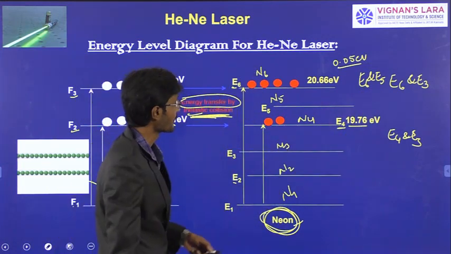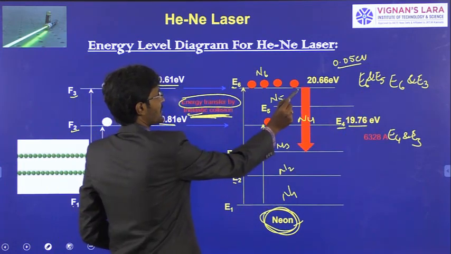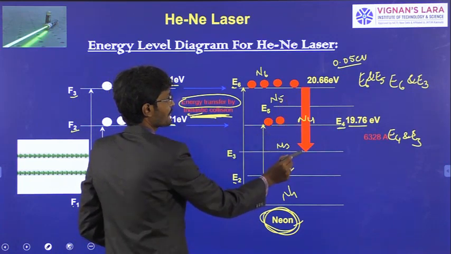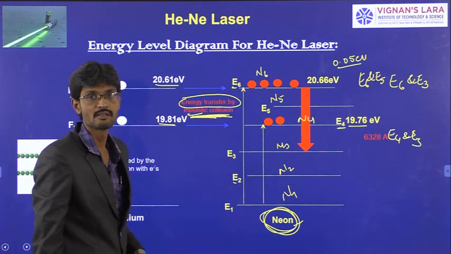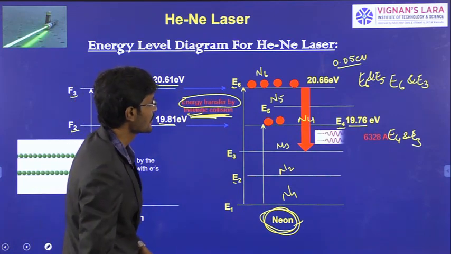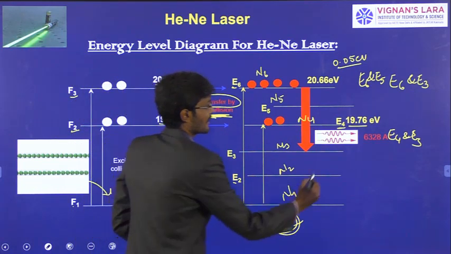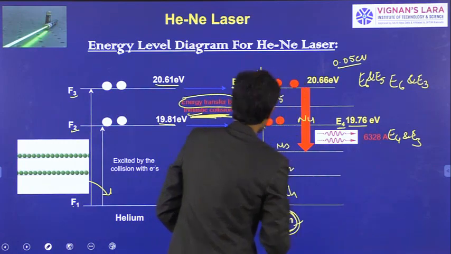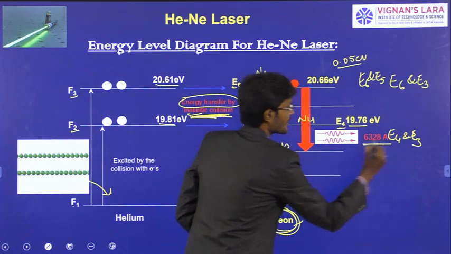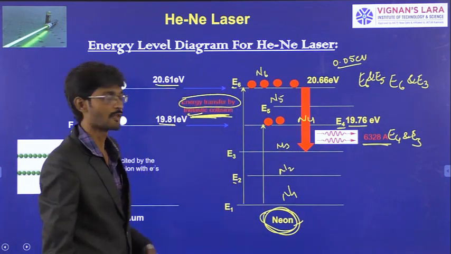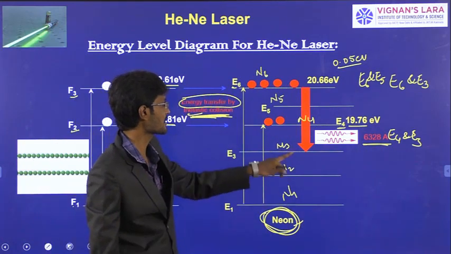If you observe here, the population inversion is achieved between E6 and E3, and it produces stimulated emission, and stimulated emission will give a laser of wavelength 6328 angstroms. So population inversion is achieved between E6 and E3.